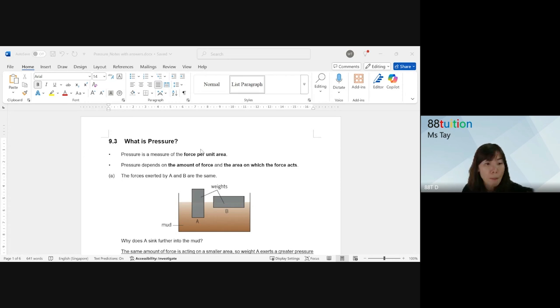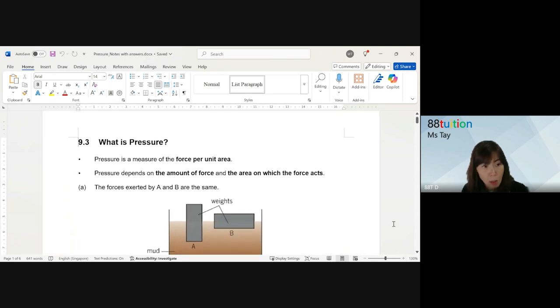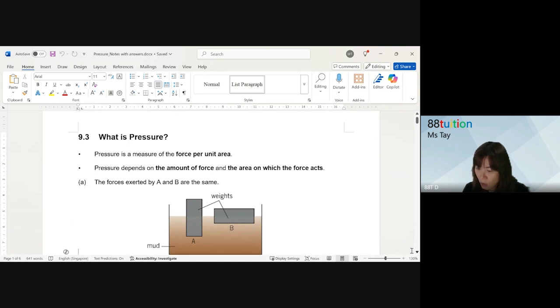So pressure, start off with this. You have to copy down those that are most of the bold words. You just copy accordingly. Now let me make this bigger so it is clearer to you. Now, what is pressure? When you talk about pressure, you cannot say, oh, pressure is the stress, a lot of pressure in school.